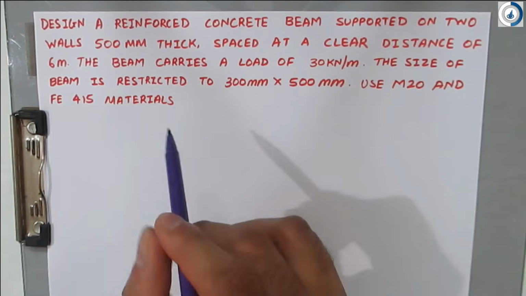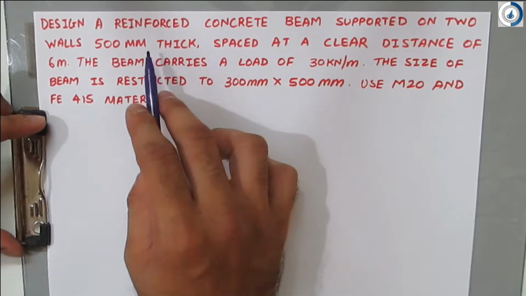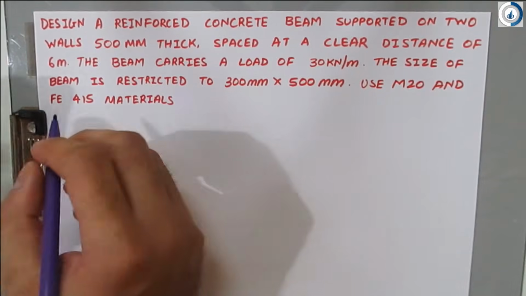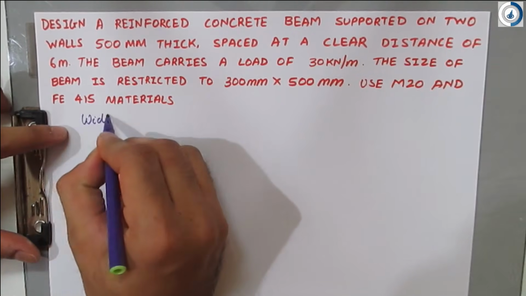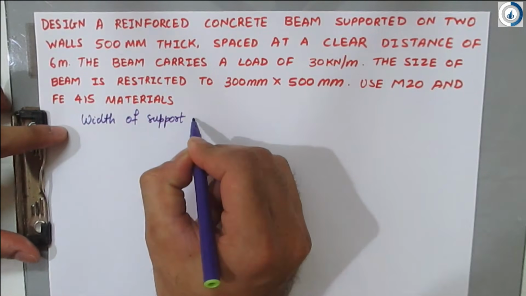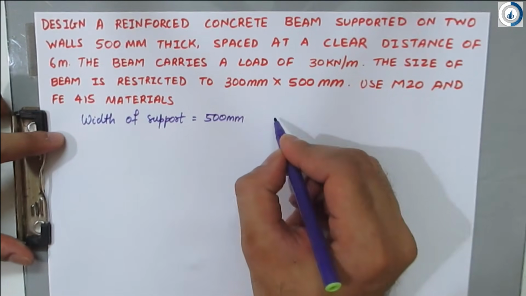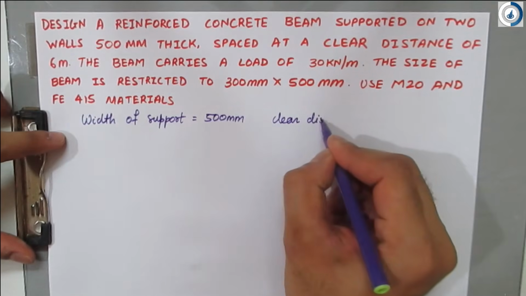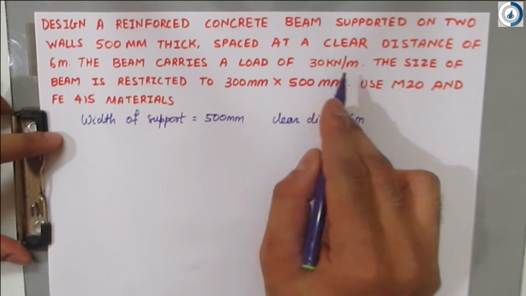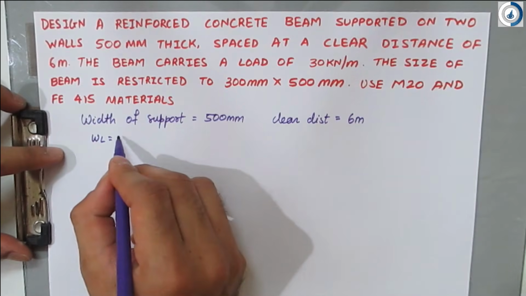As a usual practice, first we will write down the given data. It is supported on walls of 500 mm thick, so width of support is equal to 500 mm. Then the clear distance is 6 meters, and it carries a load of 30 kN per meter, WL, because it is a live load.